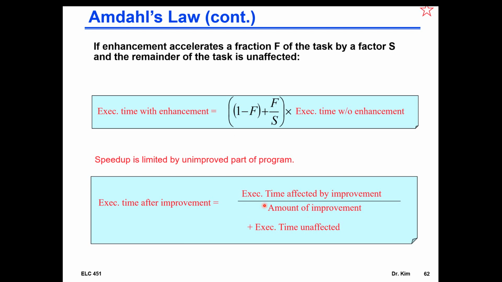So it doesn't matter what the improvement is, you are limited by this. So what do you want to do? You want to make f as large as possible, so 1 minus f is as small as possible, and then this factor dominates and you get the most overall improvement. That's what these relationships show. Although they are very simple, they are very insightful, and I hope that you can see that.